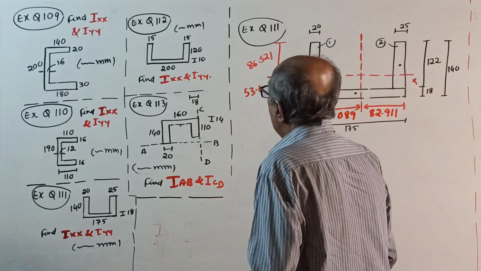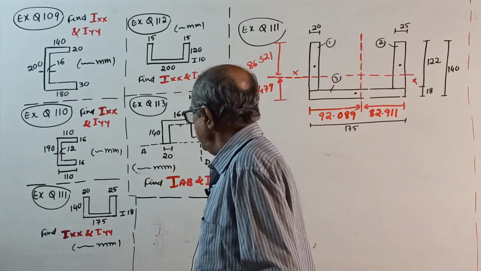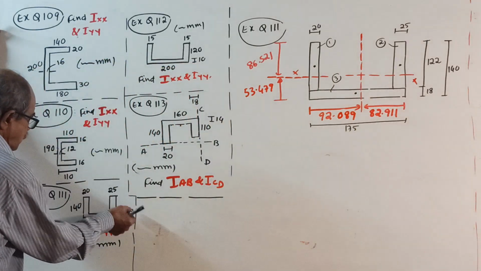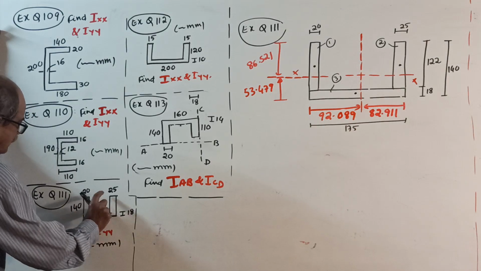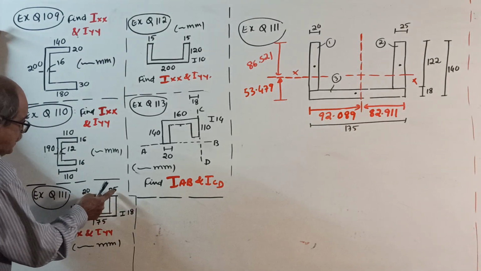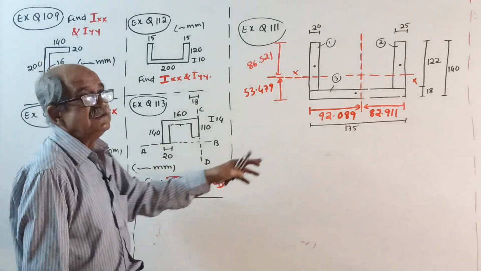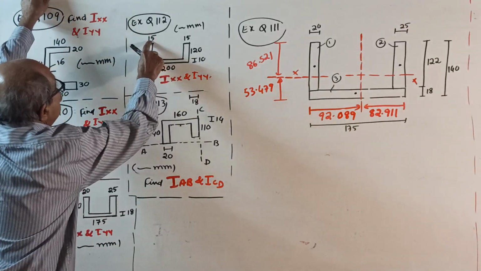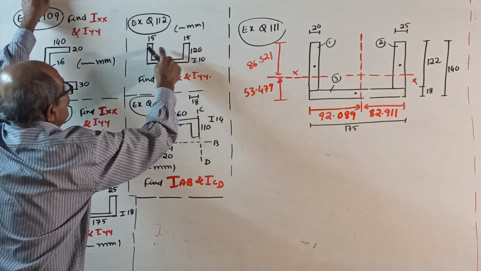Question number 111. See, 20, 25, 18, 175, 140. This is also 140. Even though both are the same, 20 and 25, therefore symmetry is not there. But in the next question, 15, 15, both are equal.